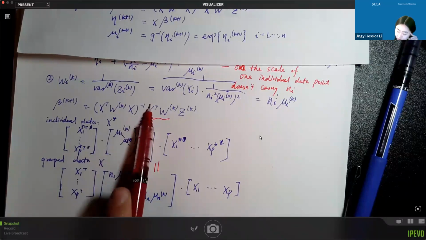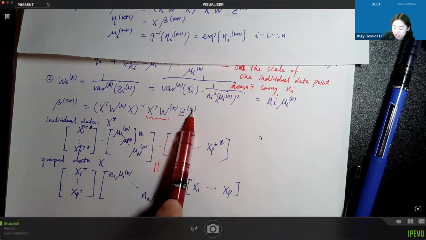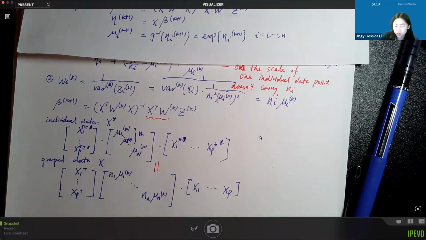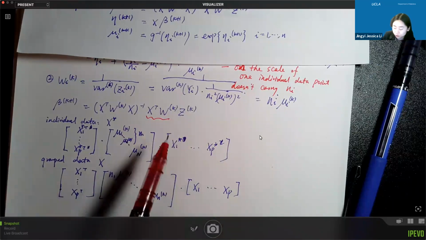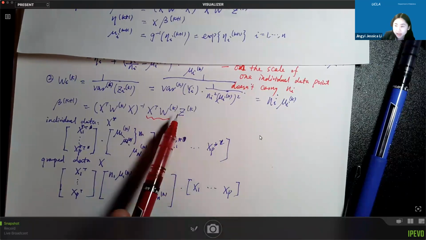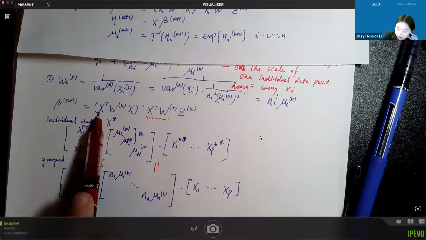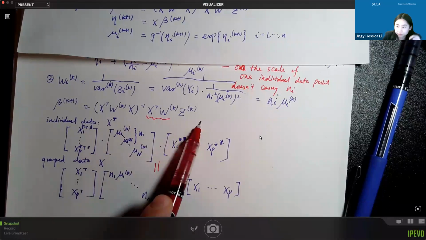Each observation in group data is going to be assigned the weight ni. So it is as if we still have ni individual observations. And because the zk doesn't carry the ni in its unit or its scale, when we multiply X transpose wk zk, it is also equal to what we have for individual data. So in other words, this update formula stays unchanged after grouping.